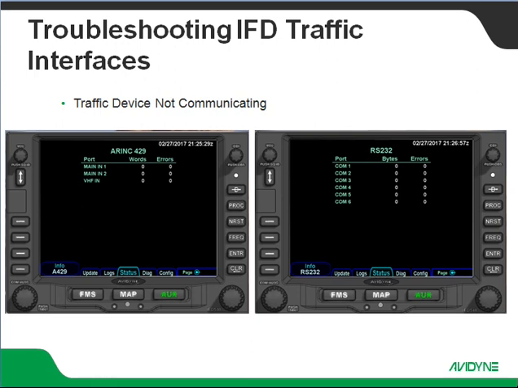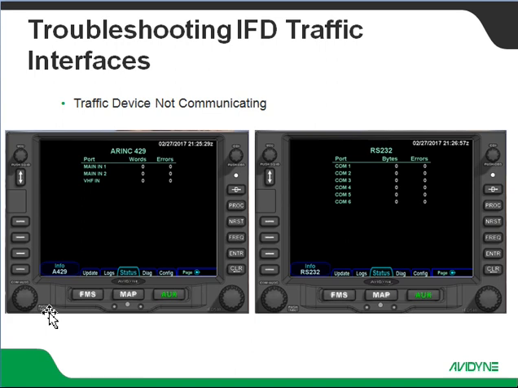If you boot the IFD into maintenance mode and you go over here to the status tab and then cycle this info button in the lower left hand corner until it says info A429 or info RS232, depending on what type of interface we're looking at. And this is actually going to show you data coming across that port. This is the ARINC 429 or RS232 port monitor.